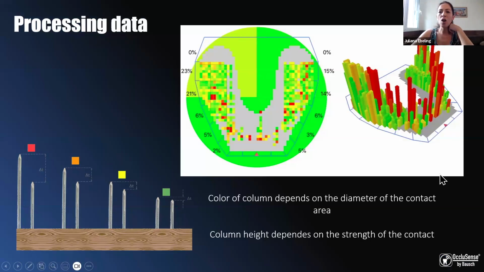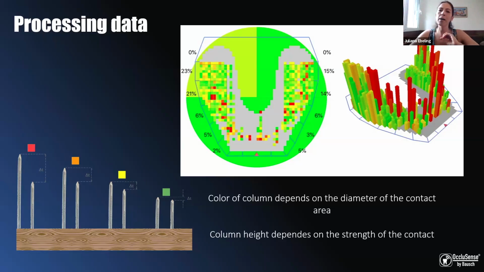Let's start with the colors. Each color of the columns of the dots represents a surface. This is really, really important because we think that color is the intensity, that it's about what is dangerous or an undesirable contact, and it's not.